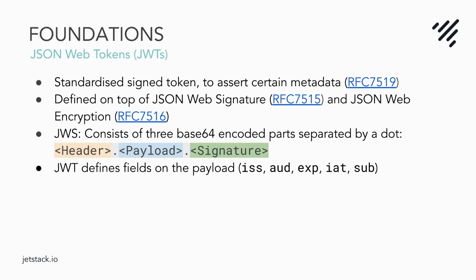A JSON web token then defines some JSON objects that are to be expected in that payload. We can build on top of these to create the tokens that are used for identity and eventually OIDC. This will get on to later.